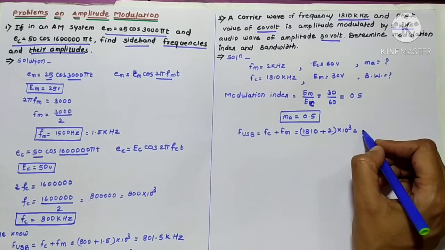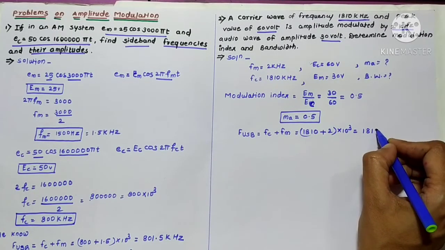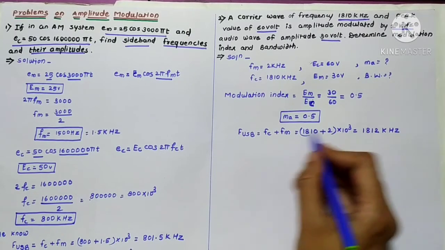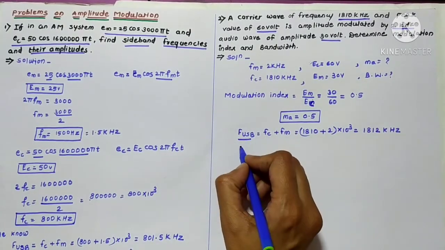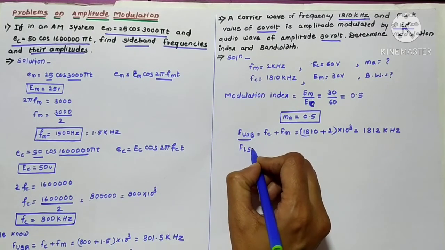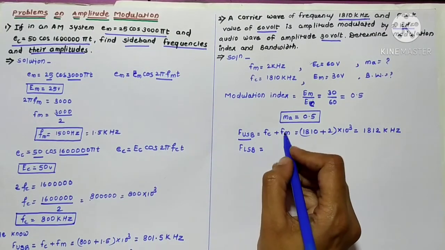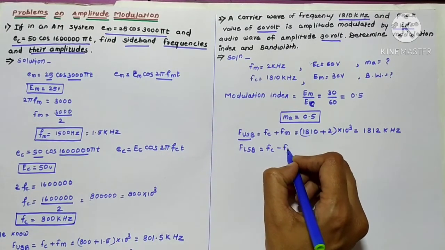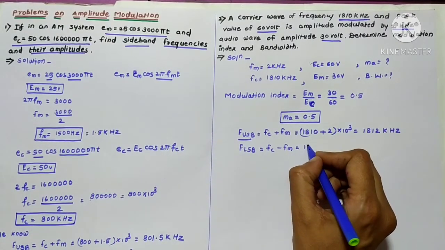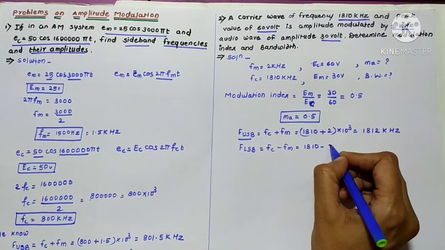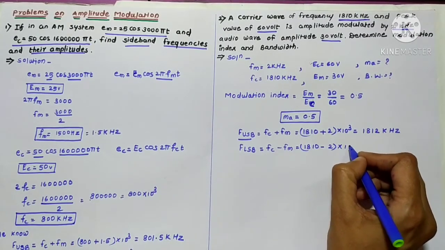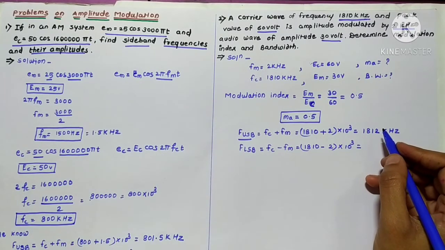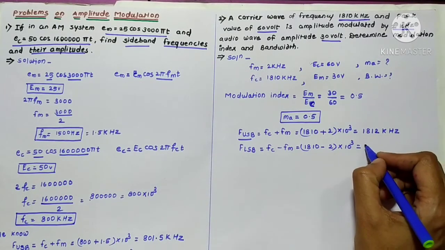Therefore we'll write here 1812 kilohertz. It is the frequency of FUSB. Now the frequency of lower sideband FLSB is equal to Fc minus Fm. Therefore 1810 minus 2 into 10 raised to 3, this is equal to 1808 kilohertz.